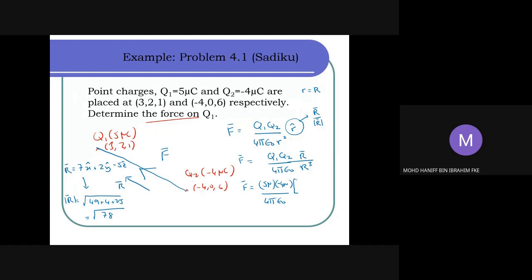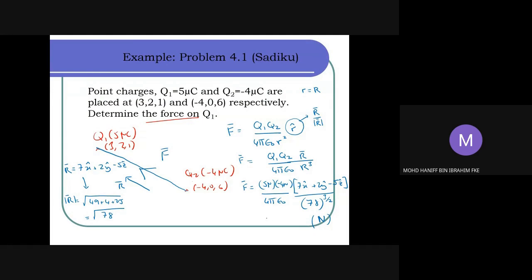We have the R vector, which is 7 of x plus 2 of y minus 5 of z, divided by the magnitude to the power of 3, so that should give us 78 to the power of 3 over 2. Okay, so that should be your force, having units of Newton, because we are finding the force in this particular case.